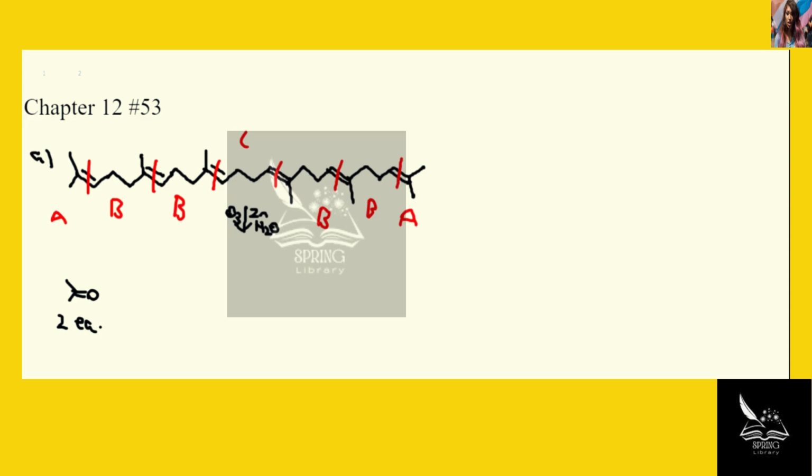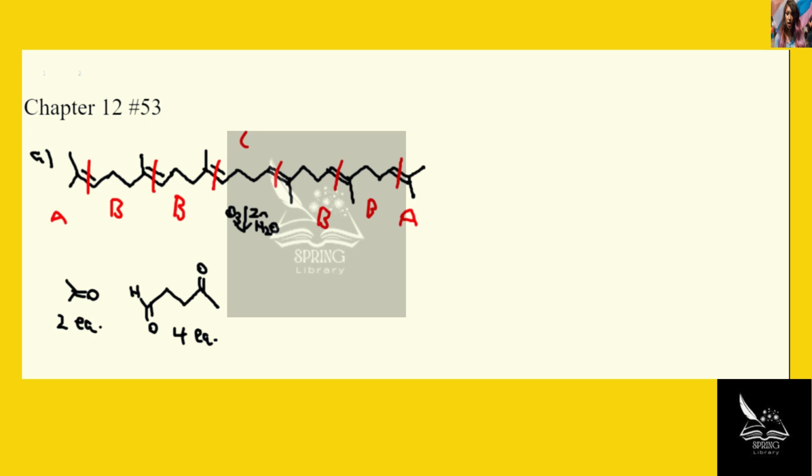So that's going to look like this. So that's the product from B there, a 5-carbon long chunk. And there will be 4 equivalents of this molecule.